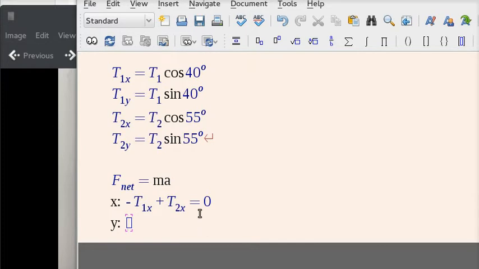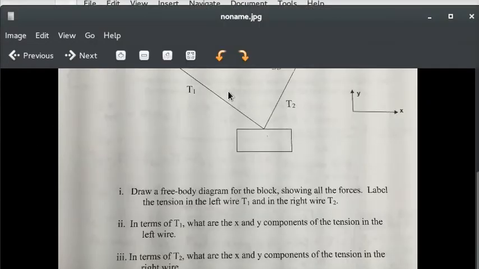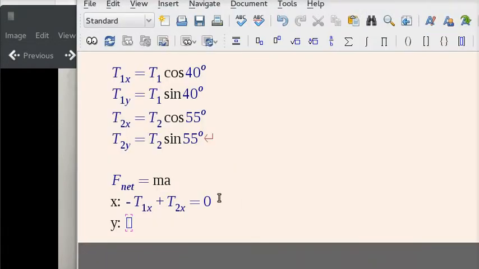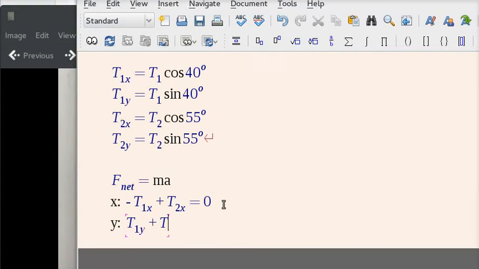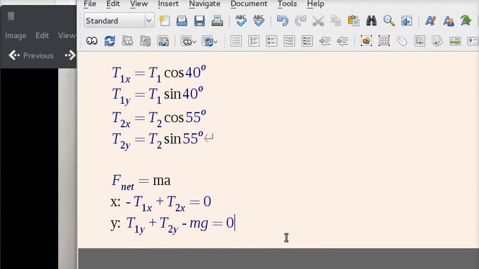Y forces. That's up. T1y plus T2y, both upward, equals 0. Oh, wait, what about gravity? Gravity points down, so let's put a negative on that.